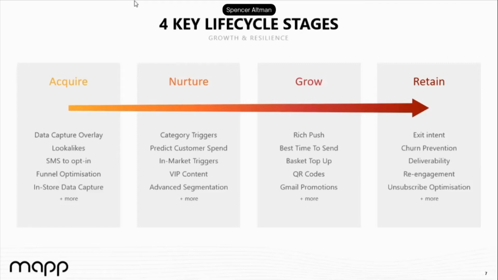On the acquire stage, then the nurture stage, so when the customers don't necessarily have a particular purchase project in mind, or whatever would lead to a conversion for the types of services, products, offerings that you have, and the customers just need to be nurtured, engaged with your offer, however that means, for whatever product, whatever services you happen to be offering.